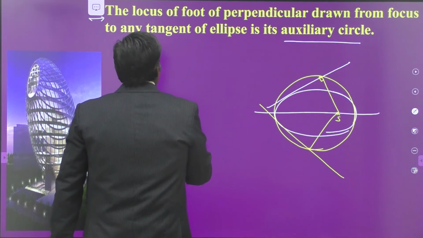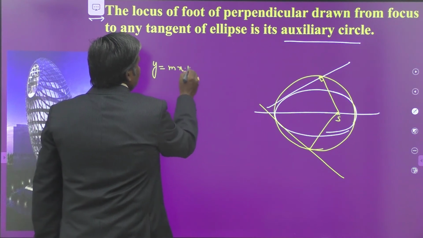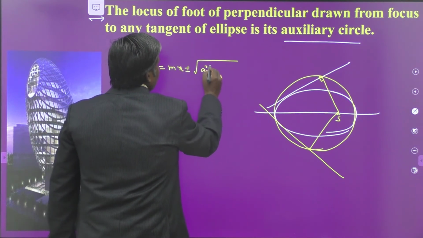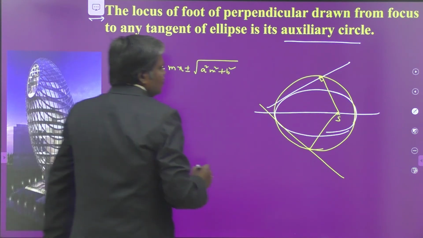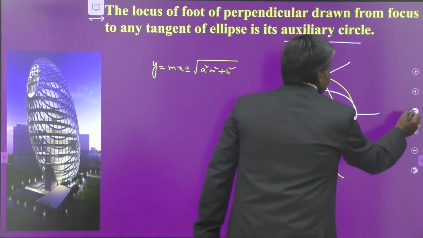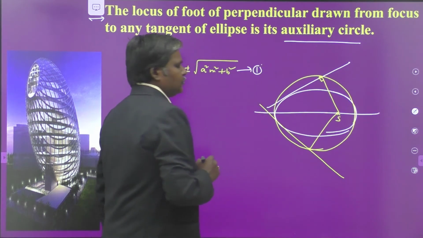The equation of any tangent of the ellipse is what? y equals mx plus or minus root of a square m square plus b square. All of you know that this is any tangent of the ellipse. This is equation number 1.